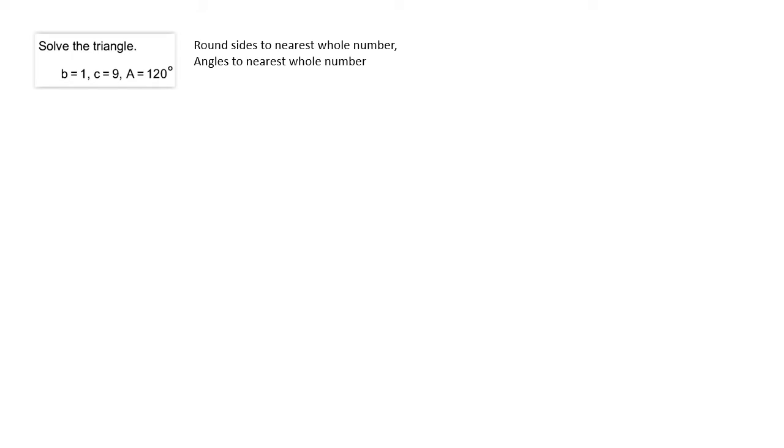Okay, here's our first triangle we are going to solve. I'm going to draw a little picture over here. Side B is 1, side C is 9, and angle A is 120. So how are we going to start?